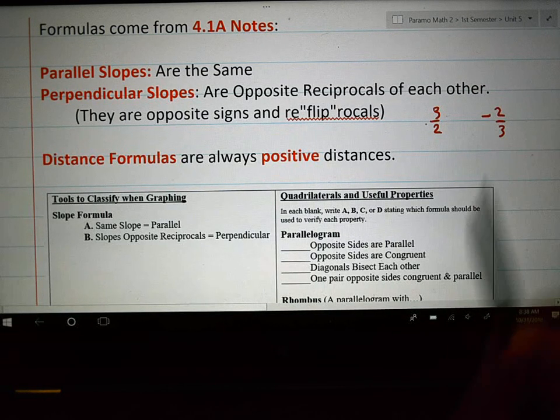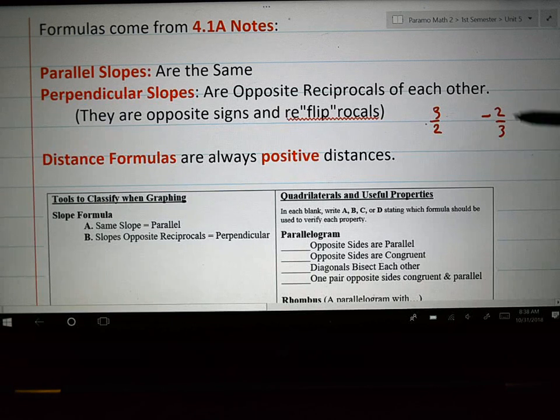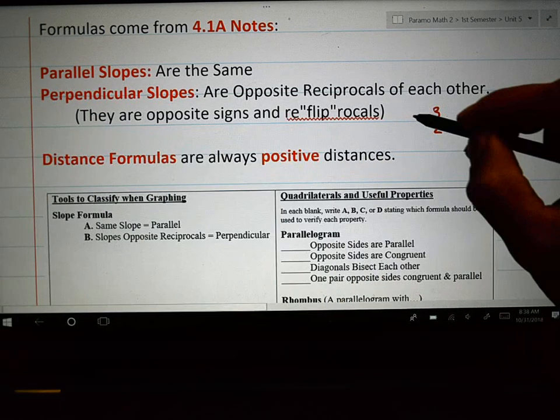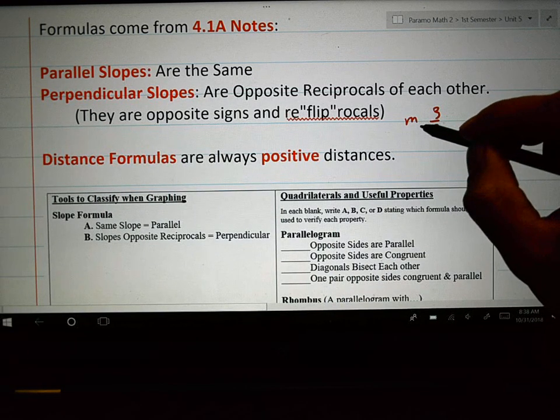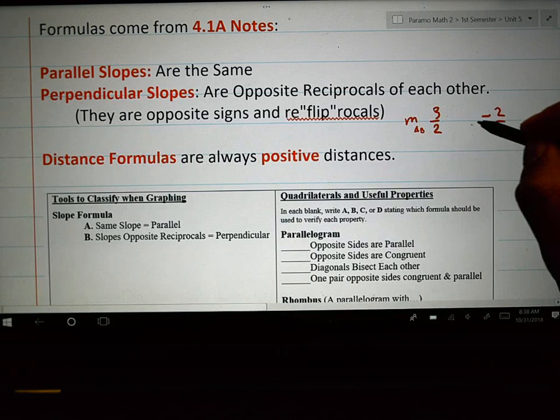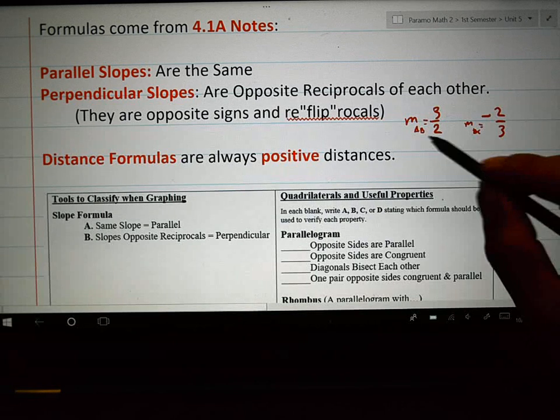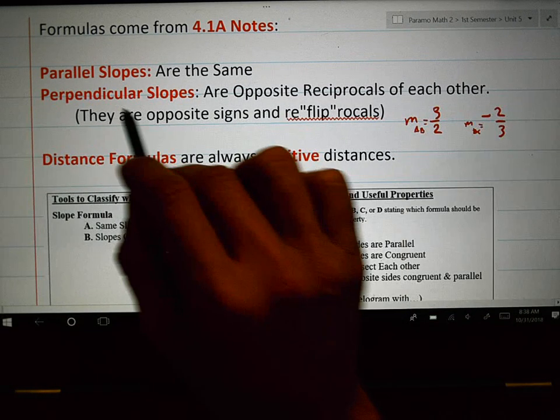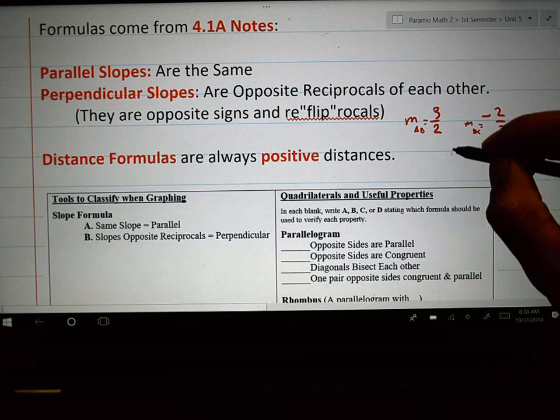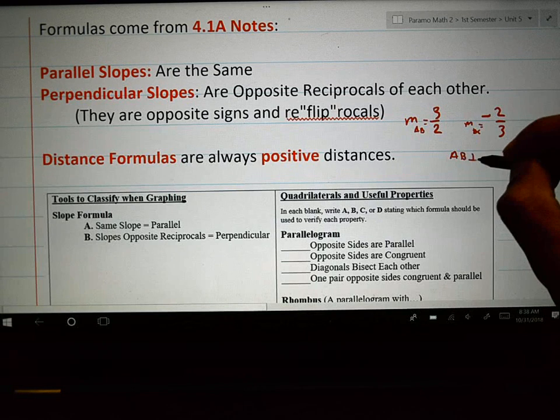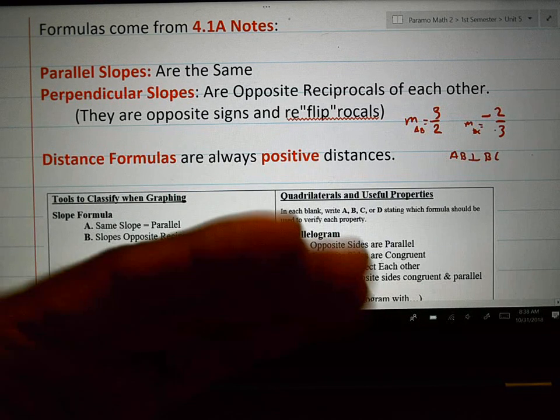One's a positive, one's a negative, and they're flipped from each other. If you saw a slope of AB like this, and you saw a slope of BC like this, then since the slopes are opposite reciprocals, you would know that AB is perpendicular to BC.